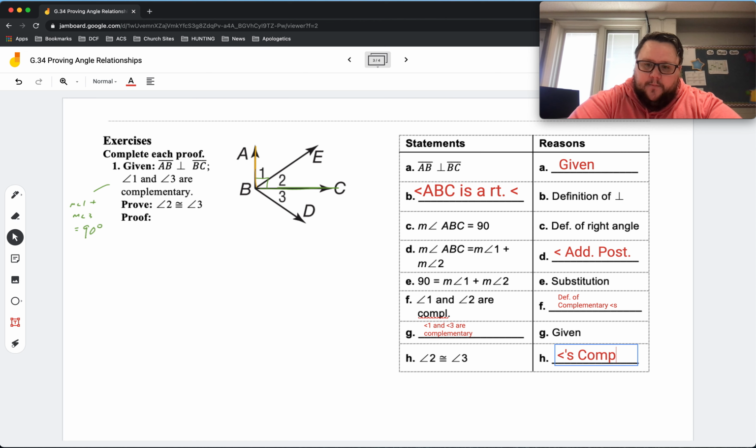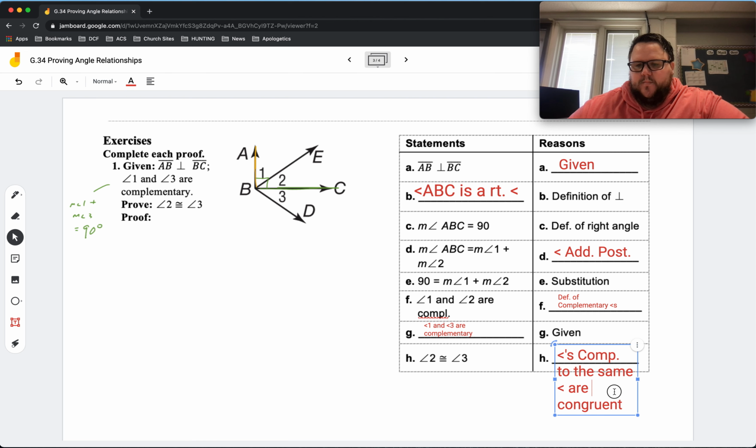Angles complementary to the same angle are congruent. And that's all we need to put.